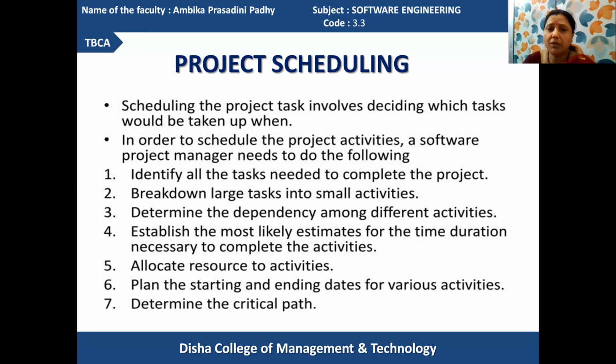The software project manager needs to perform the following activities in identifying the processes or sub-processes, then arrange them in a proper order and execute them in an efficient scheduled manner. In project scheduling, you have to perform this set of activities one after another.